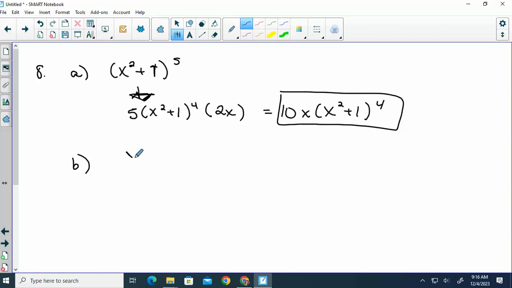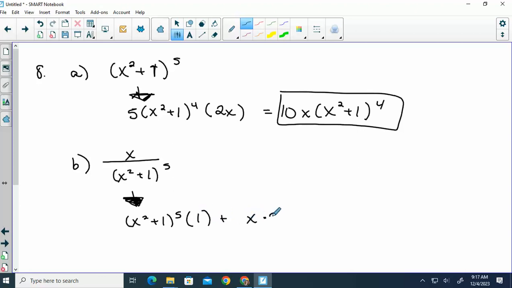B, do this one as it's written, and we could do the quotient rule. You could also write it as a negative 5 power and do product rule. So low, d high, what's the derivative of x? Plus high, d low.